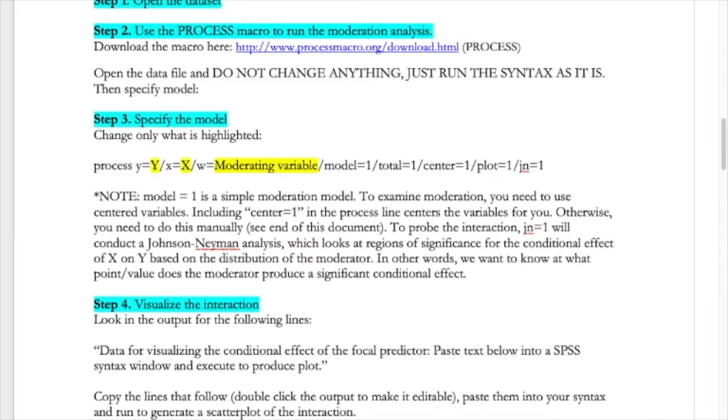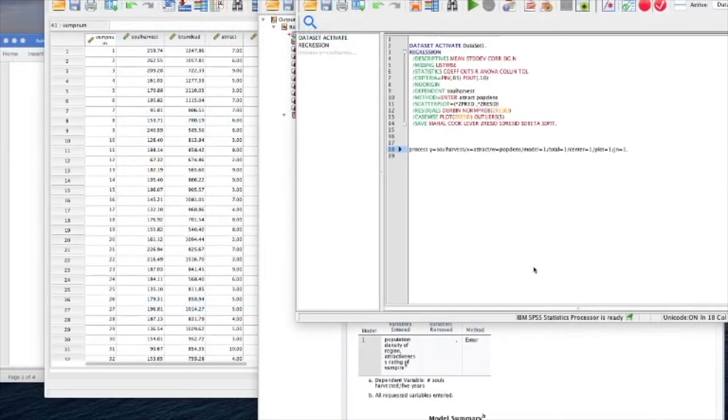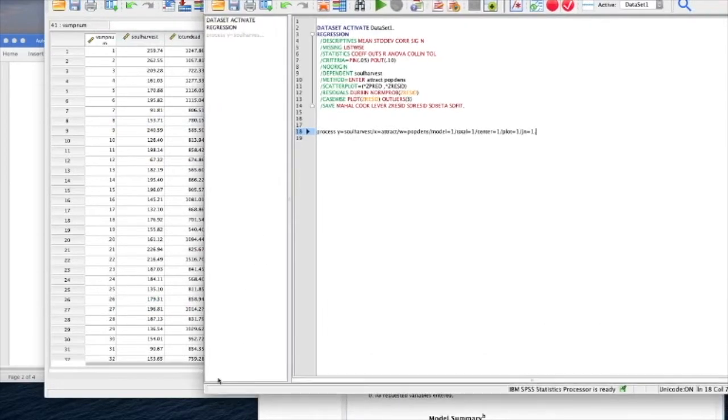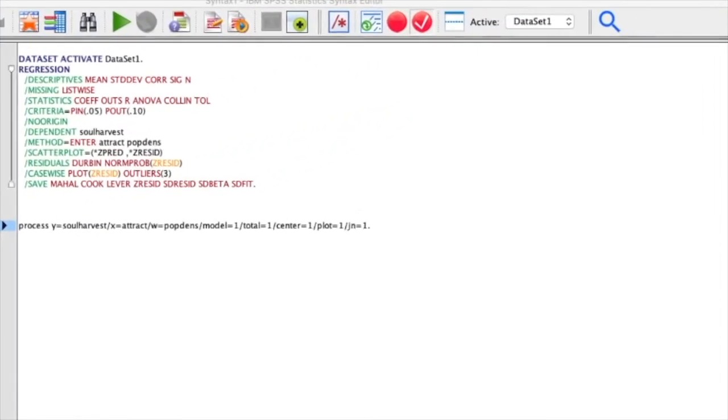Okay, so how does it seem? Did you get something like this? Oh, it's so small. It's a bit better.